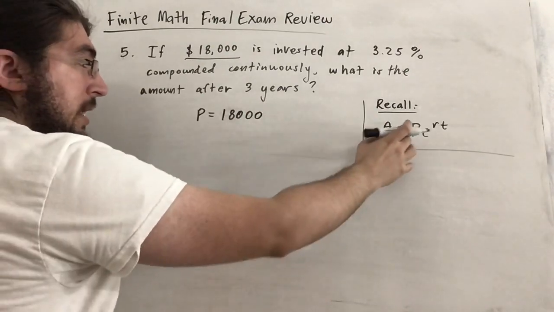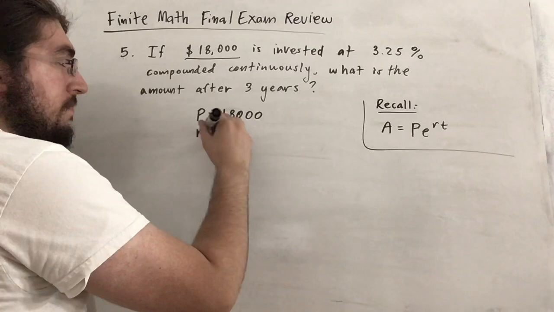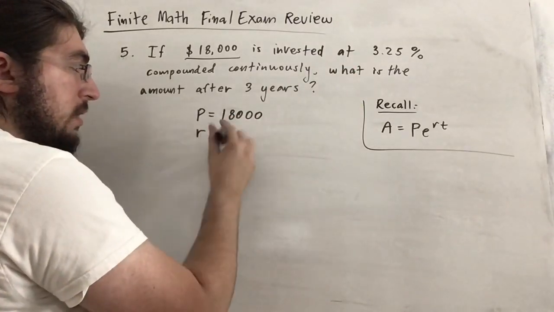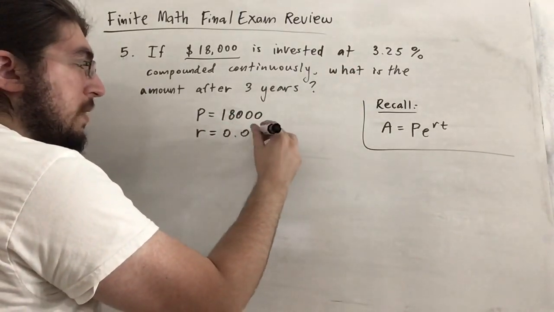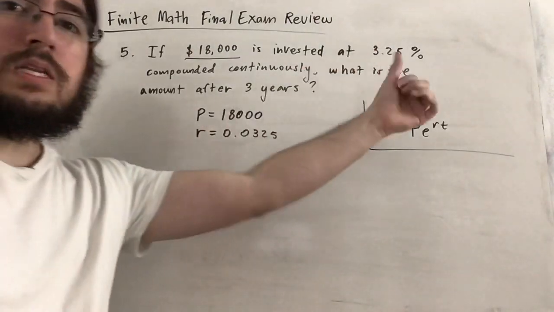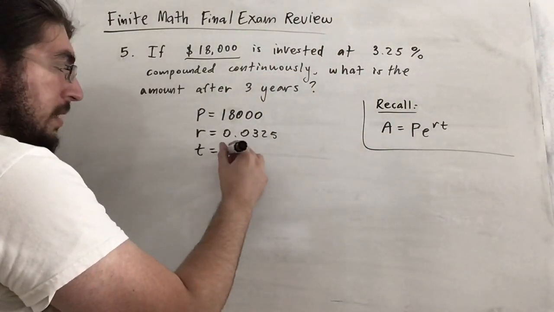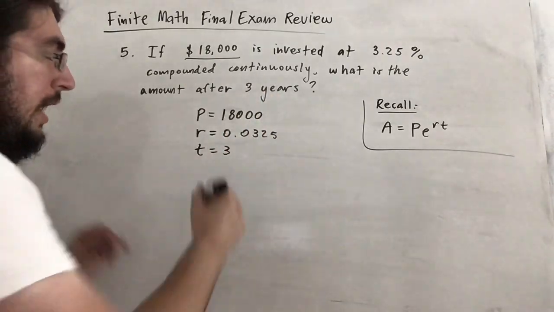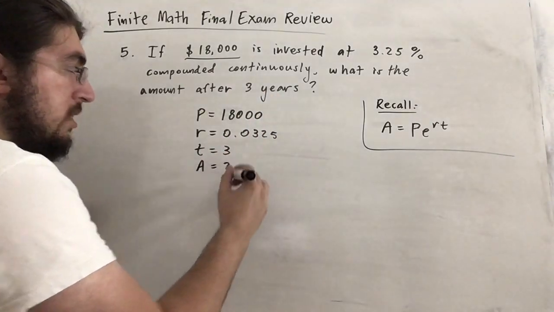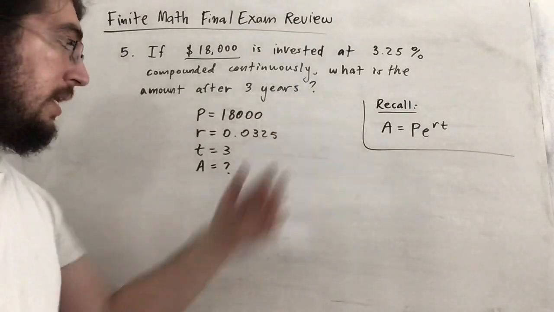Okay. The next thing we need is, I guess, R. R is the rate in decimal. That's going to be 0.0325. Good, because you move the decimal to the left twice. And T is going to be 3, because, well, 3 years. Good. And A is unknown. So all we need to do really is just solve by plugging this in.